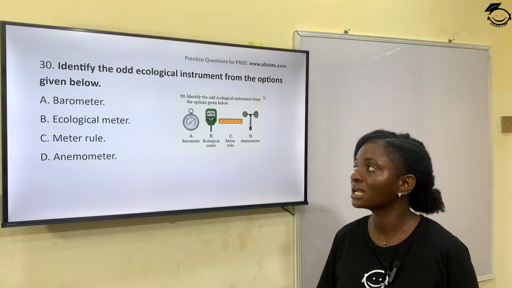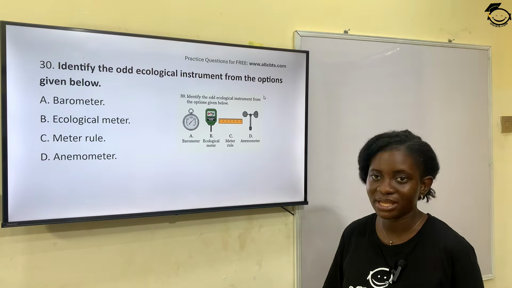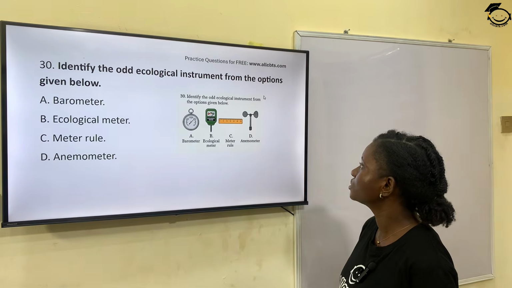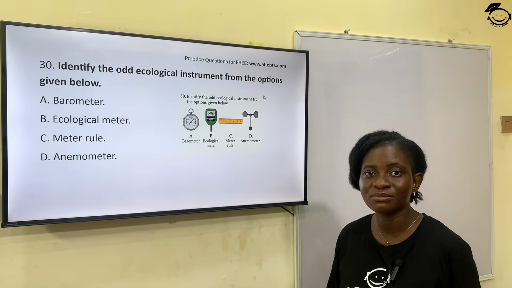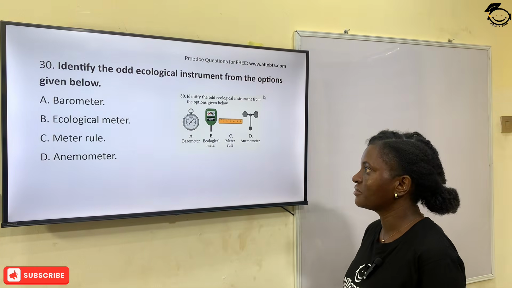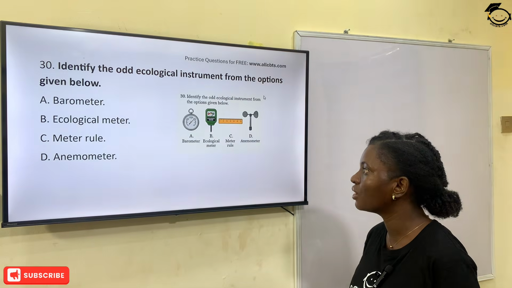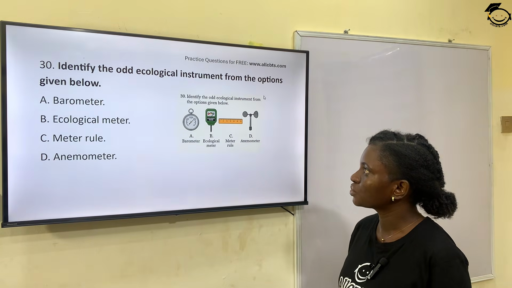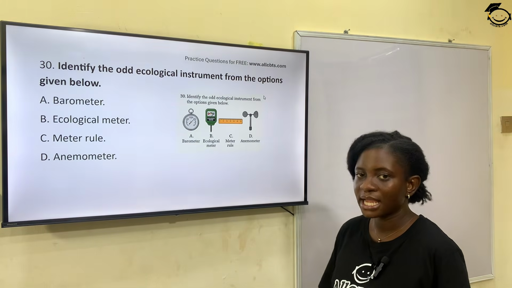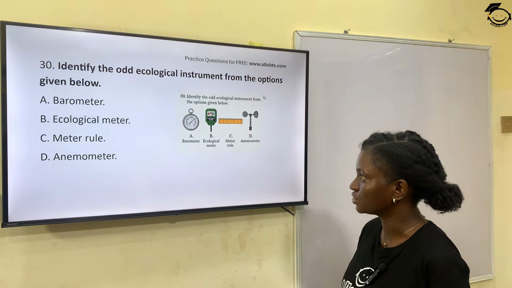Question 30. Identify the odd ecological instrument from the options given below. Ecological instruments are used to measure environmental factors such as humidity, temperature, atmospheric pressure. So which of these instruments listed is odd? A, barometer, which is used for measuring atmospheric pressure.